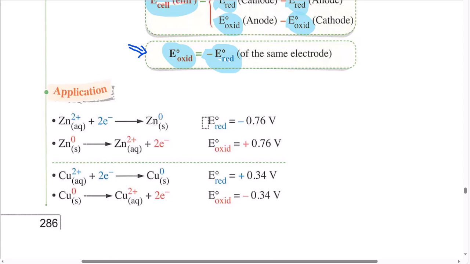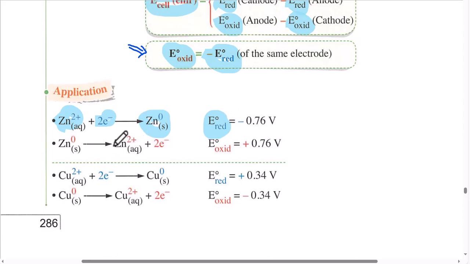Here it is a reduction potential because the positive ion takes 2 electrons, so its oxidation state is reduced from positive 2 into 0. So this is a reduction potential which equals minus 0.76 volt.